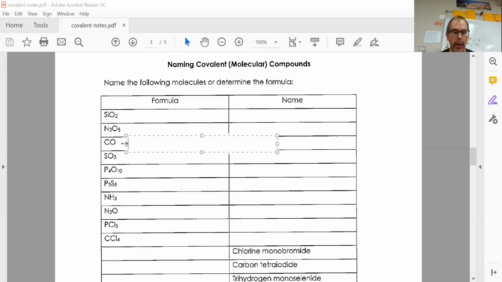We're going to call it carbon monoxide. So it gets the "ide" ending, and we do want to put the mono on the second one. Now, why do you need to do that? When I see a mono or di or tri, right away I'm thinking it's covalent. So that'll tip me off it's a covalent molecule, but we only put the mono on the second name.